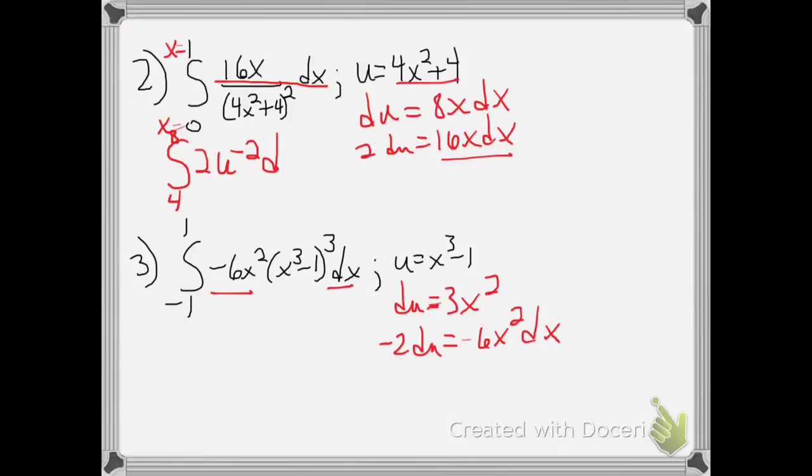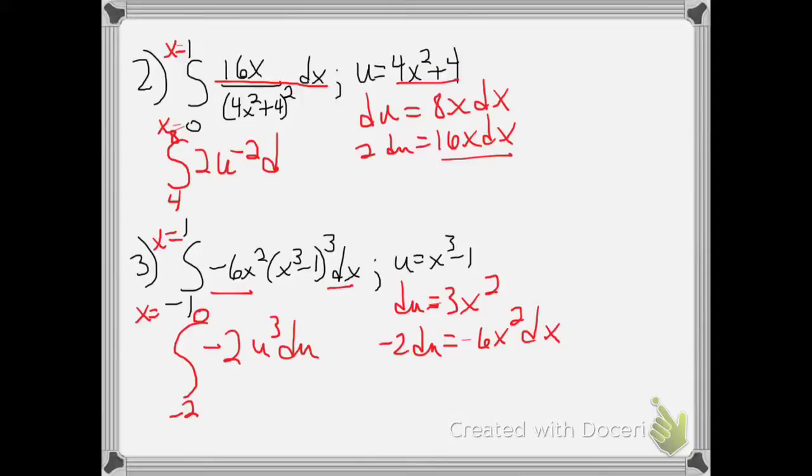Now I have a match, so I'd have negative 2 u cubed du. Change my x equals values to u values. So negative 1 cubed will be negative 1, minus 1 will be a negative 2. 1 cubed is 1, minus 1 will be 0.